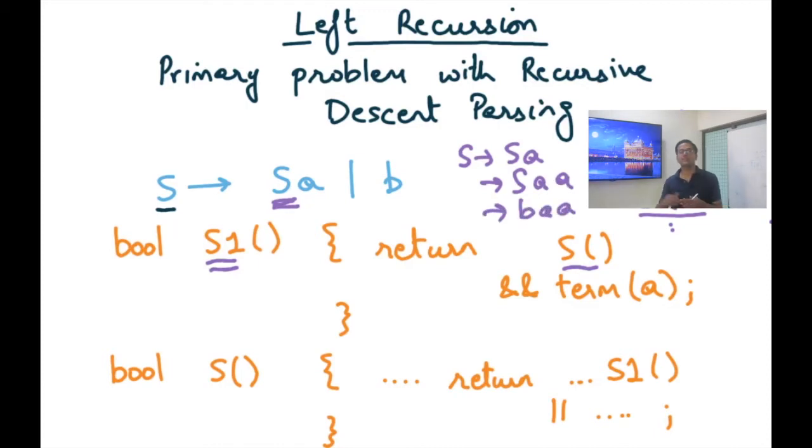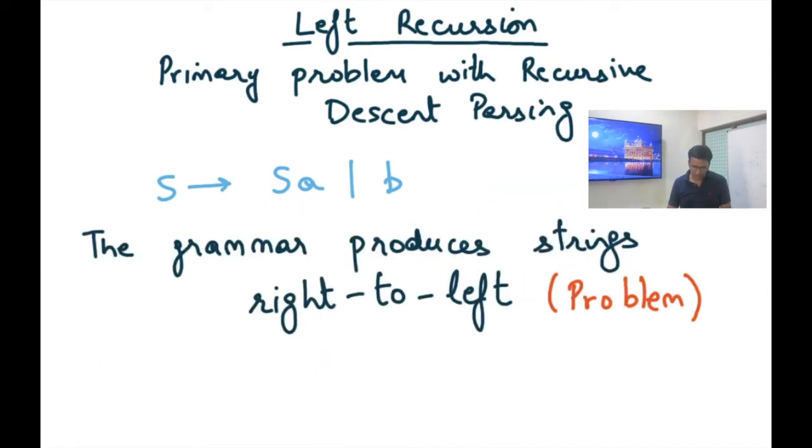In other words, the derivations are happening right to left. On the other hand, the recursive descent parsing algorithm is trying to parse or reduce the string left to right. This is a conflict, and that's why we end up with an infinite left recursion problem. So the grammar produces strings right to left, and that's why recursive descent parsing will not work on this grammar.